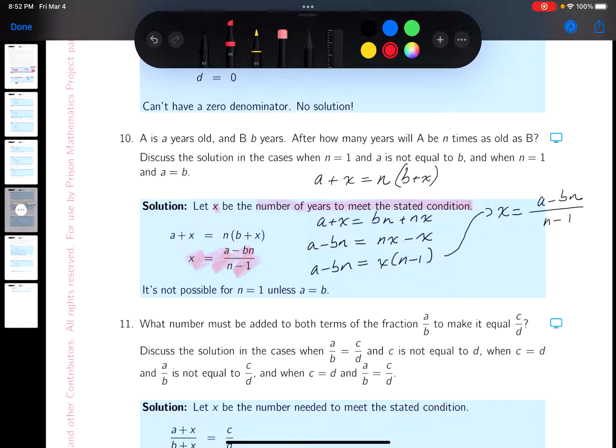And then the case where n equals 1 and a equals b. Well, let's write that down. That's going to be interesting, isn't it? Well, if a equals b, you can get a minus a equals b, right? And what do you get on bottom? n minus 1.